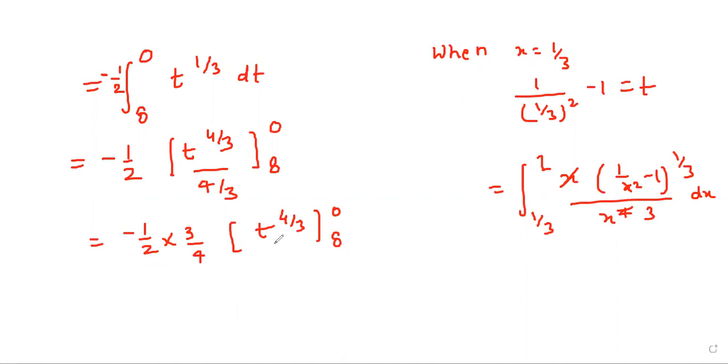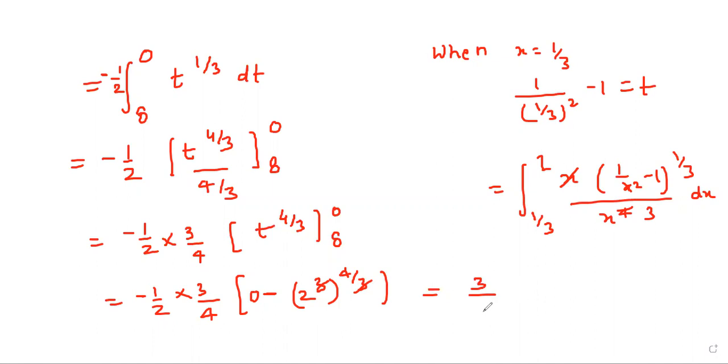But when we put 8, then it will become minus 1 by 2 into 3 by 4 times 0 minus 8, which can be written as 2 power 3 whole power 4 by 3. So 3 will cancel out. 2 power 4 will be left. And 2 power 4 means 16. And here there is minus sign. So this minus sign will become plus. So 3 by 8 multiplied by 16. So 8 into 16. So answer will be 6.